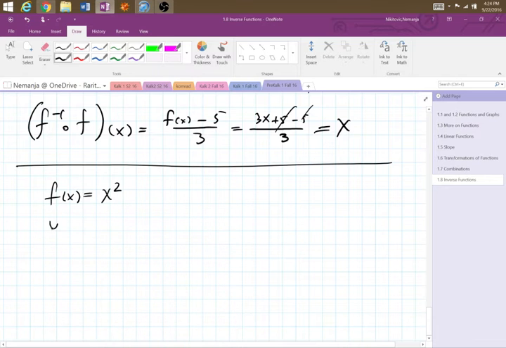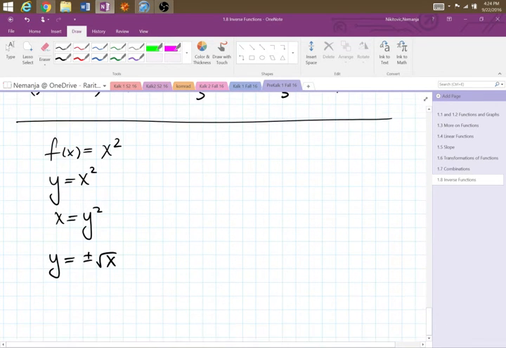We write y equals x squared, x equals y squared, y equals plus minus square root of x. We did all of this stuff, and then we can't write this inverse function because it's not a function. So we don't get to do composition.